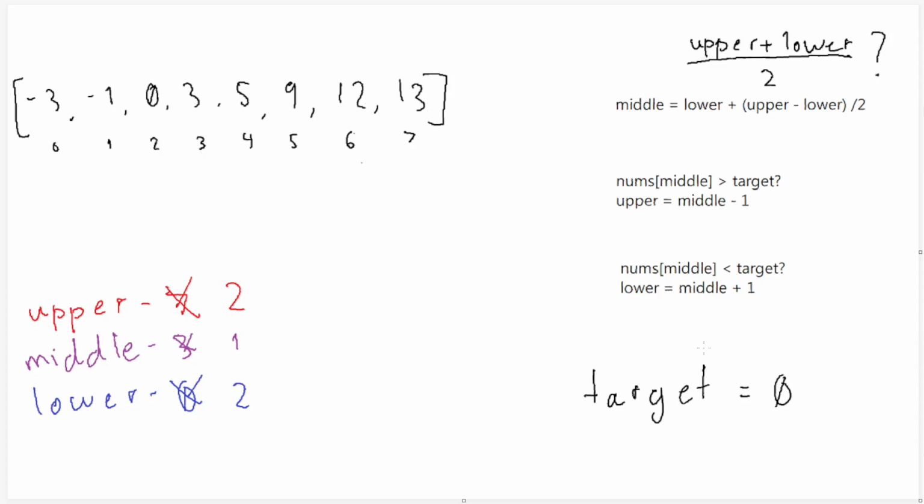If it was the case that 0 was not our target value, then we would go through the while statement and exit, and then we would return -1.